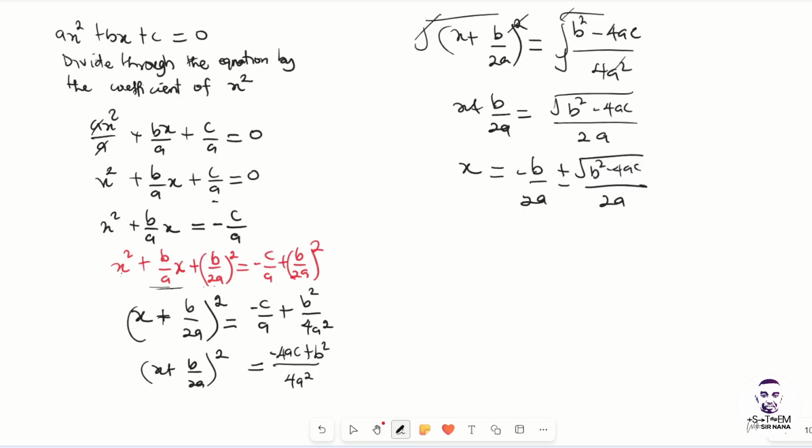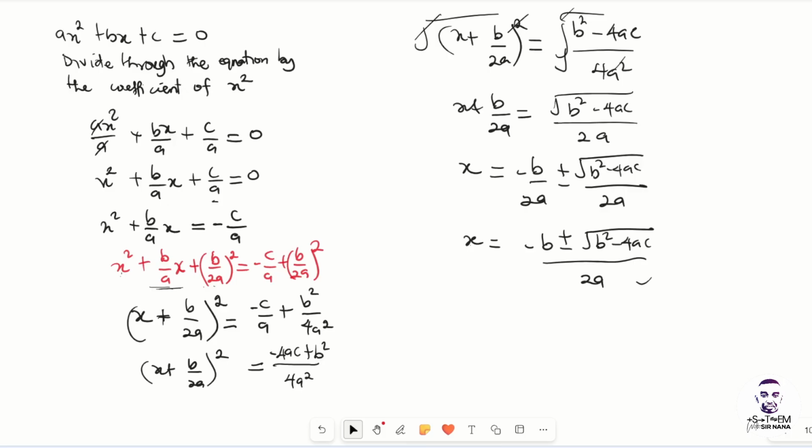Now LCM of 2a and 2a is 2a, so we have x to be equal to minus b plus or minus square root of b squared minus 4ac all over 2a. And that gives us our values for x. So we get our values for x as minus b plus or minus square root of b squared minus 4ac all over 2a.